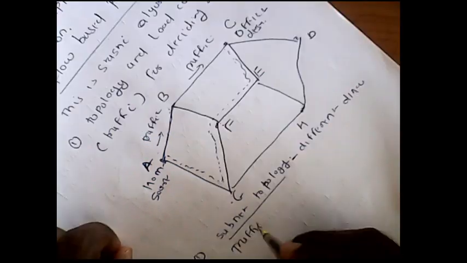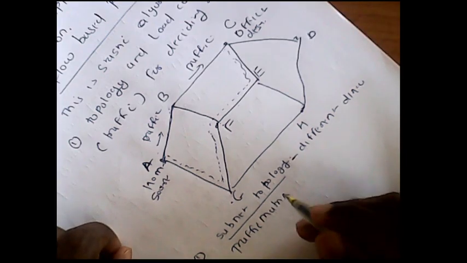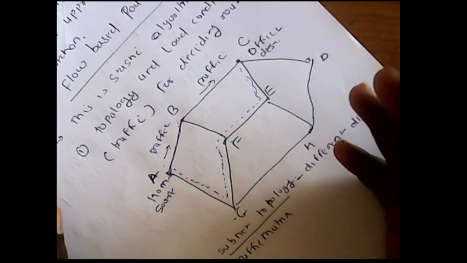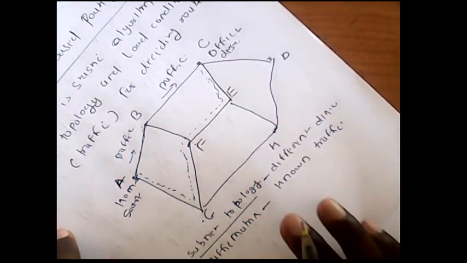Then the traffic matrix. Traffic matrix means whenever we go to the office, we know on which route there is heavy traffic, less traffic or minimum traffic. That is nothing but knowing the traffic intensity on each route or subroute.